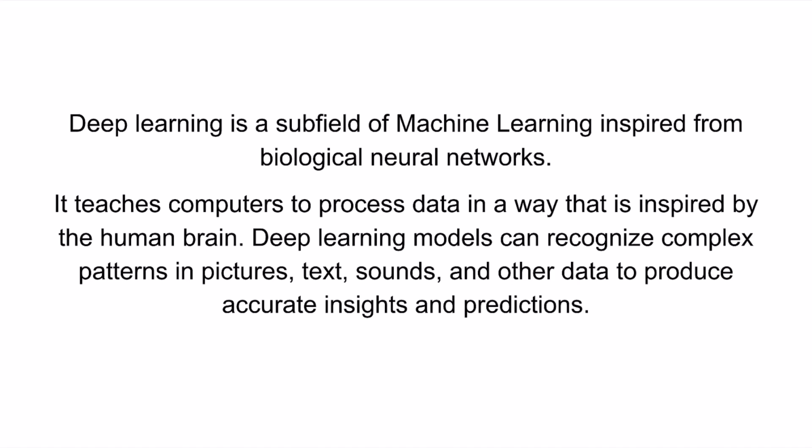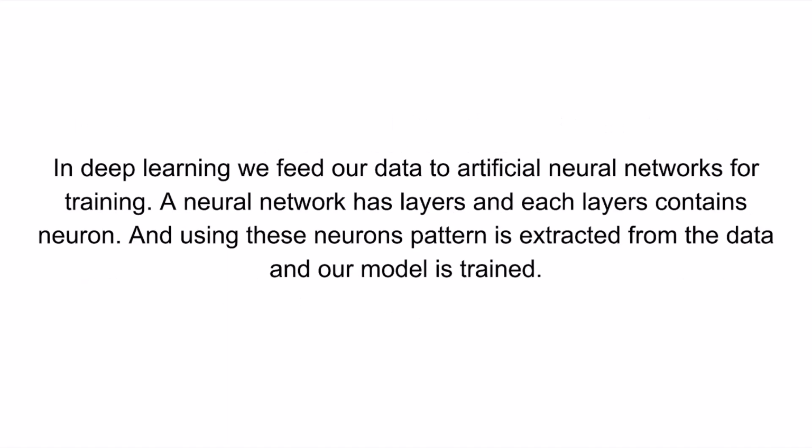Deep learning models can recognize complex patterns in pictures, text, sounds, and other data to produce accurate insights and predictions. So based upon this detail, we can say that in deep learning, machine learning models are trained just like the human brain.